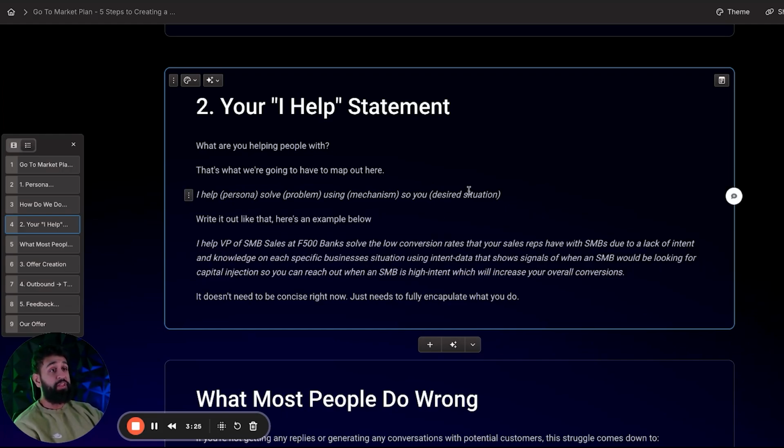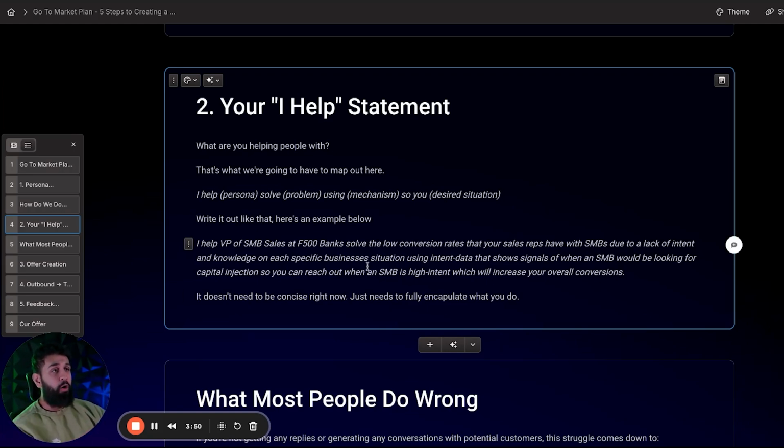So I help VP of SMB sales at Fortune 500 banks solve the low conversion rates that your sales reps have with SMBs due to a lack of intent and knowledge on specific businesses' situation, using intent data that shows signals of when an SMB would be looking for capital injection, so you could reach out when an SMB is high intent, which will increase your overall conversions. Guys, I know that was a lot, but if you read through that, it actually makes sense.